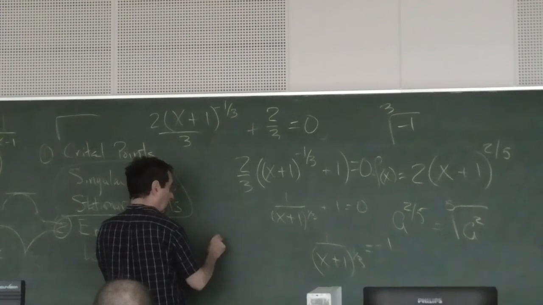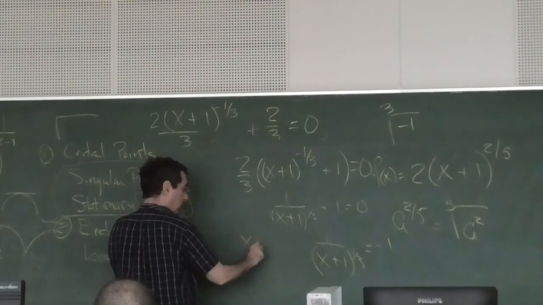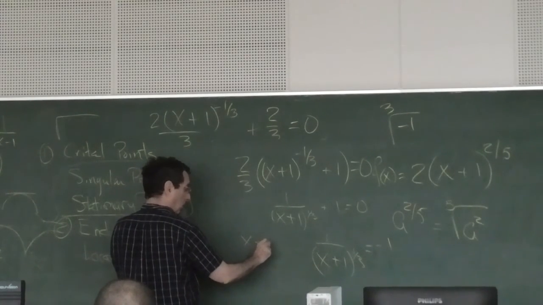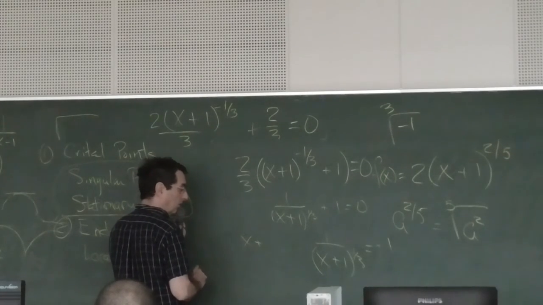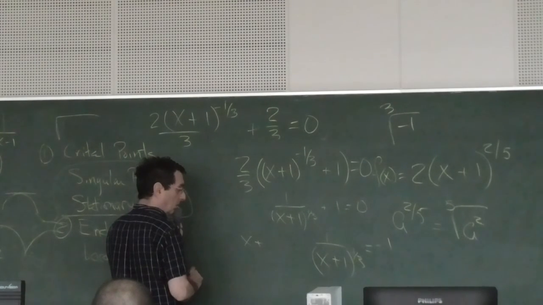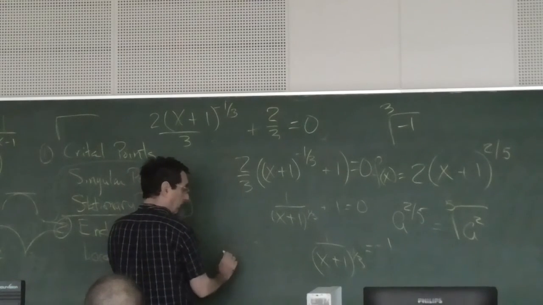So that's x plus, wait, how do we solve that? x plus 1 to the 1/3. That's negative, no, we don't want that. Cube everything, cube everything, then what happens?